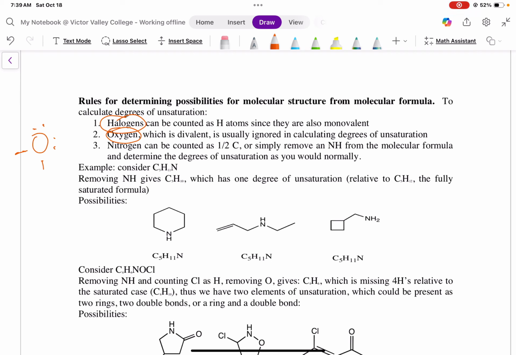Nitrogen has 3 bonds, while carbon has 4, so nitrogen is missing 1. That's like half valence compared to carbon, so it needs 1 more hydrogen. So you take a hydrogen away to accommodate for the valence.